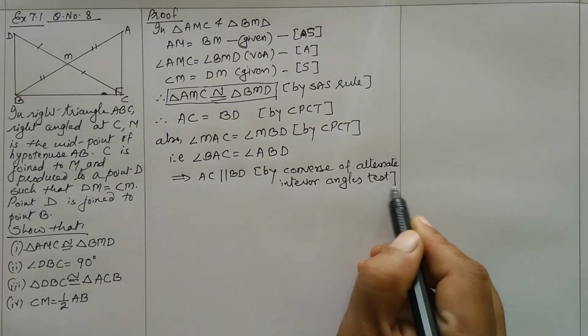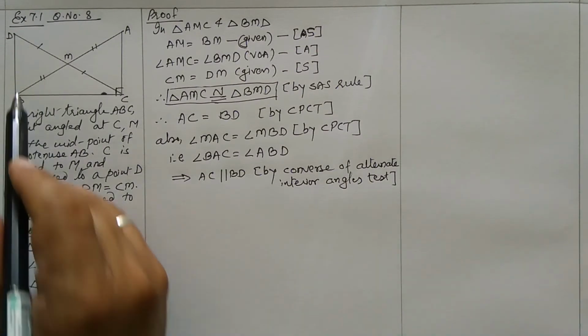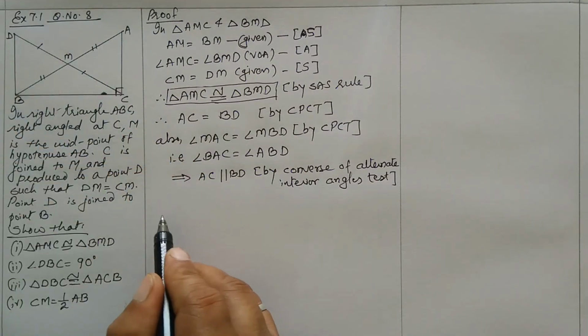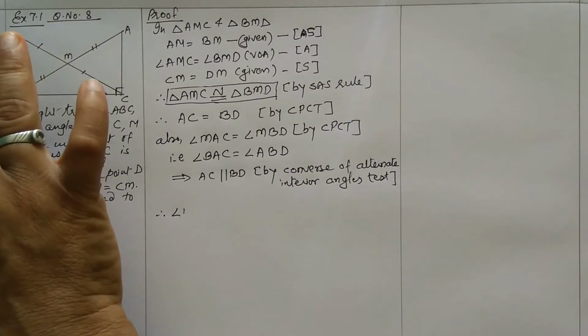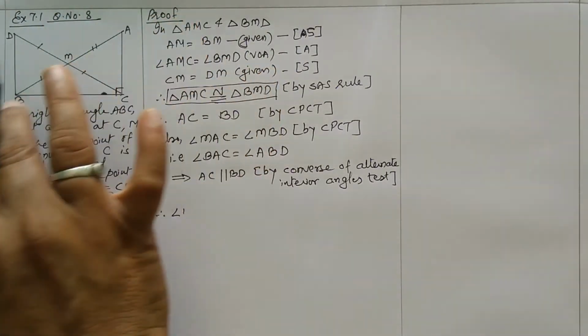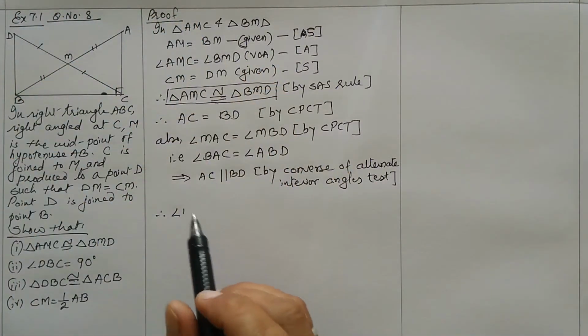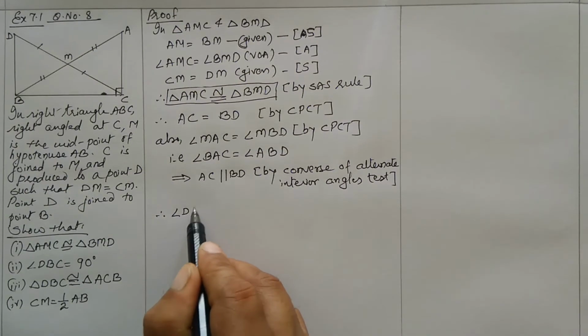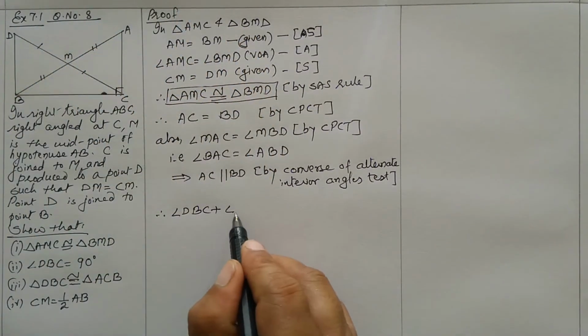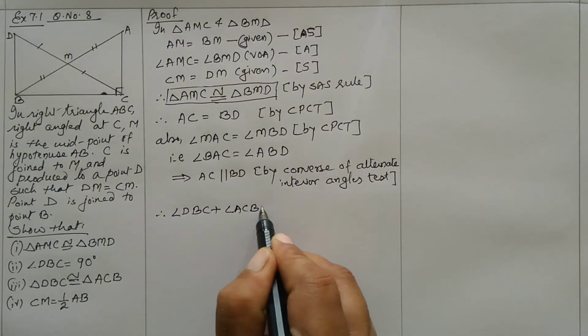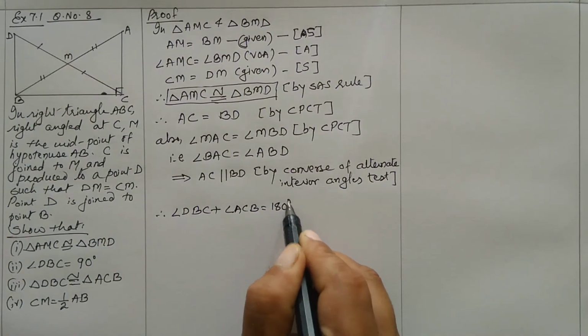Now you proved AC is parallel to BD. So what are we getting? If DB is parallel to AC and if you consider BC as a transversal, then angle DBC plus angle ACB, their total is 180.